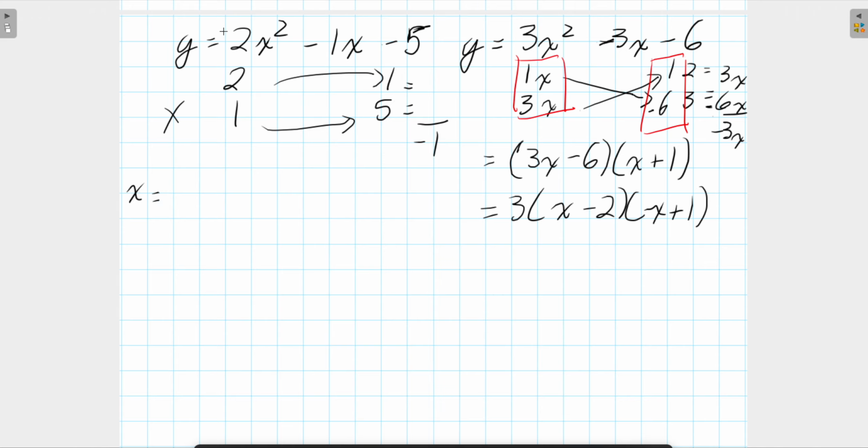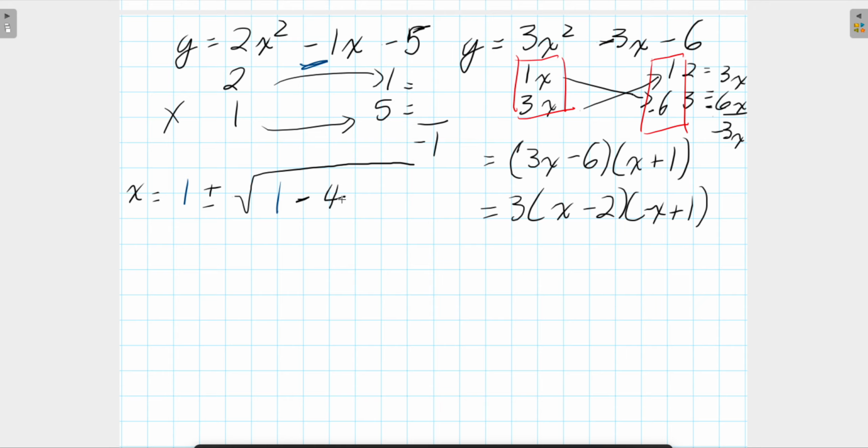x is equal to negative b, okay? It's negative b, and that's negative 1, so we know it's going to be plus 1. Positive 1 plus or minus the square root of b squared, so that's going to be negative 1 squared. Negative 1 squared is 1, so I'm trying to do this as we put the values in, okay? We're working a little quick here.